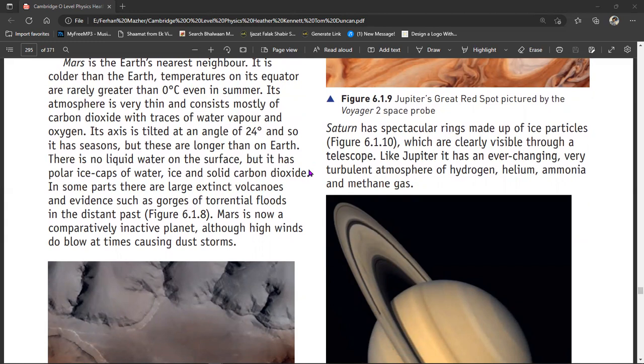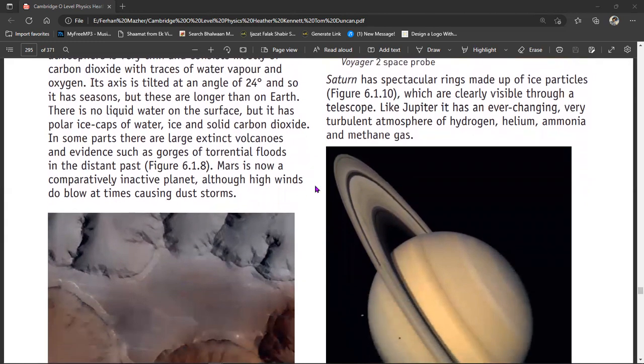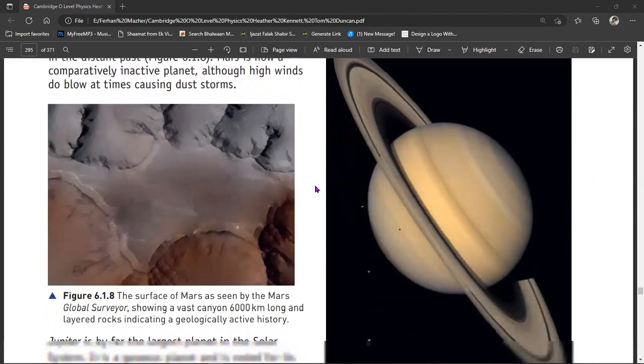In some parts, there are large extinct volcanoes and evidence such as gorges of torrential floods in the distant past. Figure 6.1.8, Mars is now a comparatively inactive planet, although high winds do blow at times, causing dust storms.